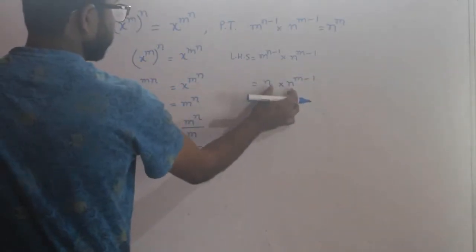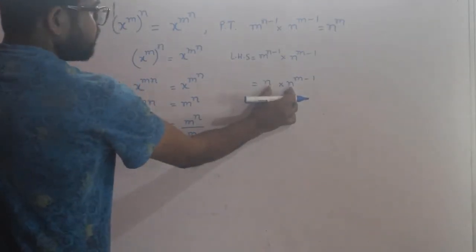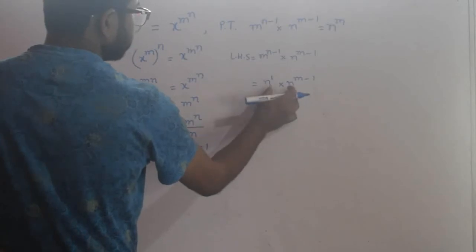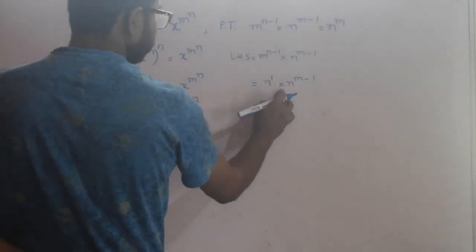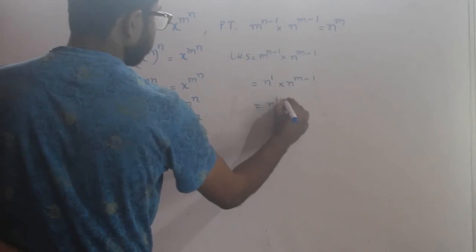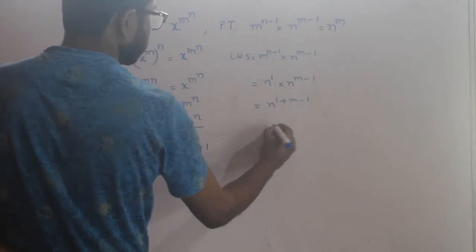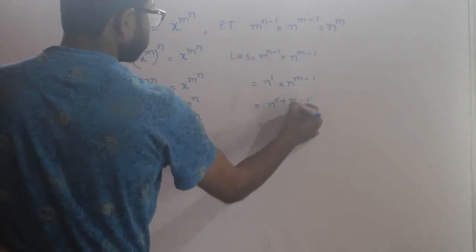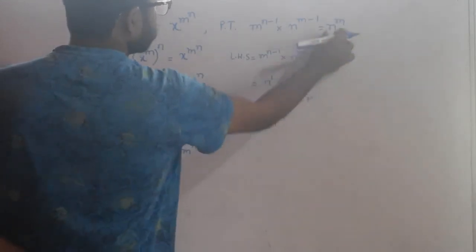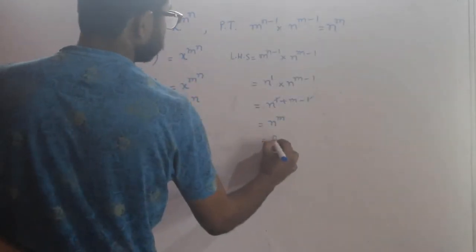Now it is multiplied and both the bases are the same, and here the power is nothing, means 1. So as per rule, same base, and if it is multiplied, then the powers are added. So you get 1 plus m minus 1. So 1 will get cancelled. You will get n to the power m. So this is nothing but our right hand side. So this is the proof.